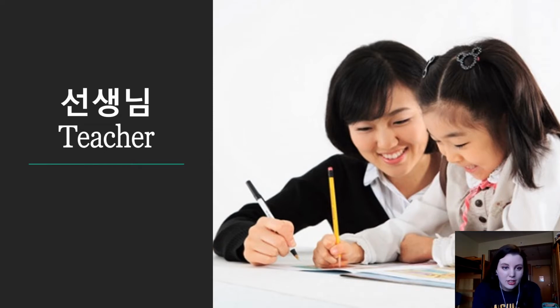So we have 선, 생, and the final one is 님. 니은 plus i plus 미음. 님. 선생님. 나는 선생님이에요. I am a teacher. I'm your teacher, right? 선생님. So who are you?